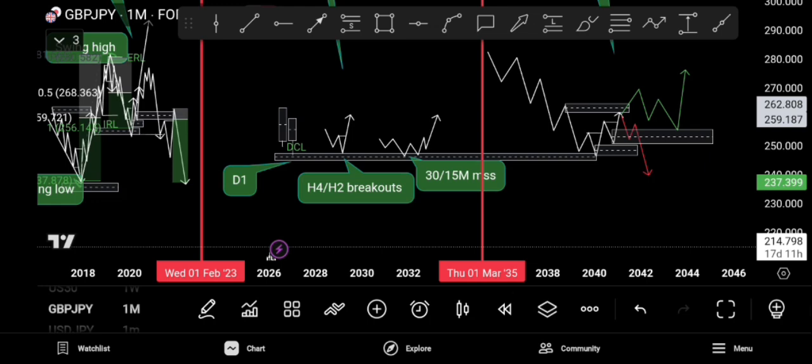There must be a rejection from the higher time frame. Four, your H4 H2 breakout. Then lastly, five, your 15 minutes and 30 minutes market structure shifts.